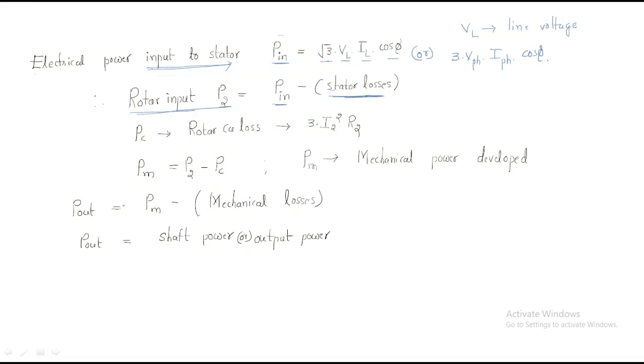Here PC is the rotor copper loss. Rotor windings are made with copper, so the rotor has some copper loss, and rotor copper loss is 3 into I2 square into R2. I2 is the rotor current.